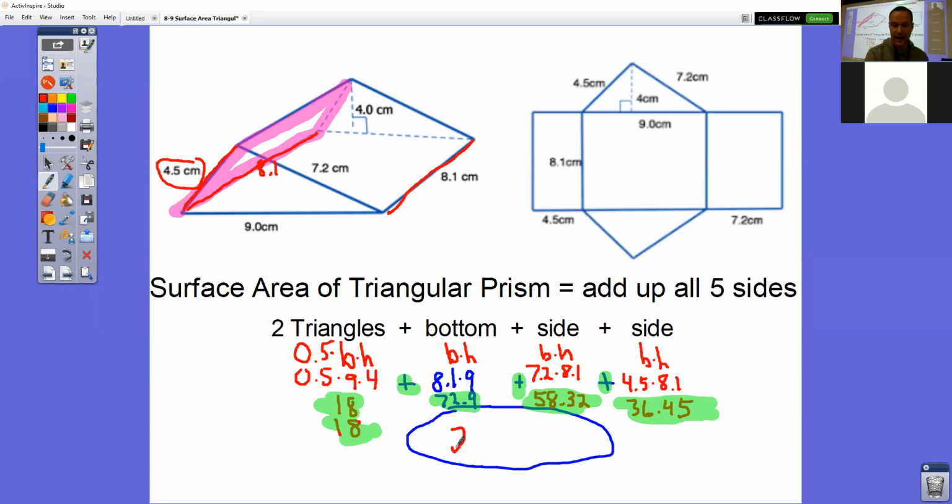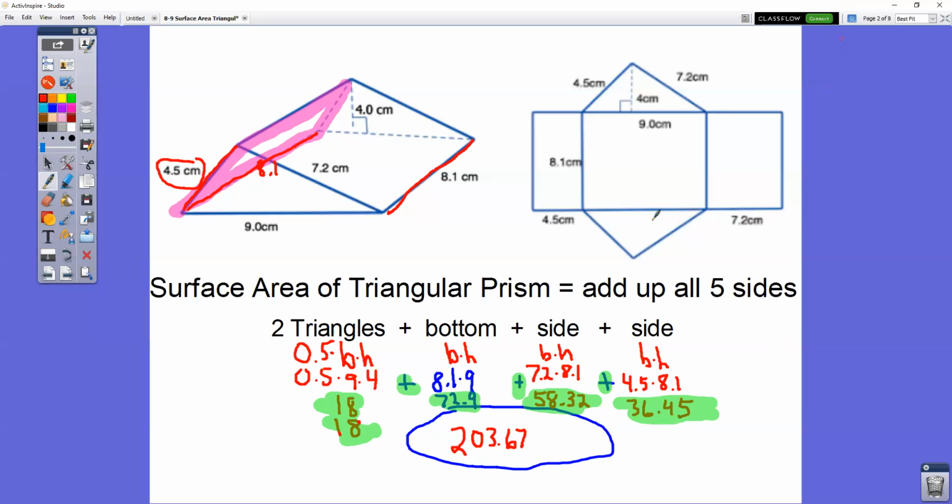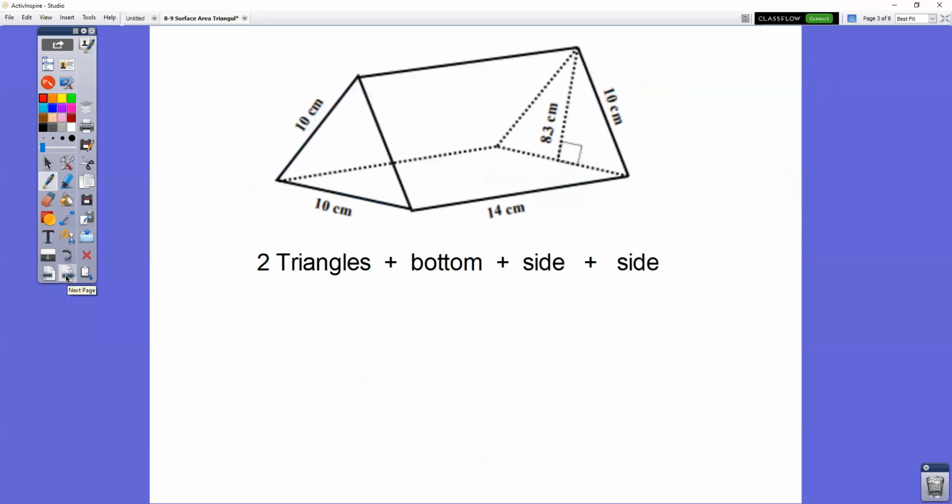When you do that, you get a final answer of 203.67. So again, you want to find the area of the two triangles, find the area of your rectangular bottom, find the area of your rectangular side, find the area of the other rectangular side, and add all 5 numbers together. When you go and do that, let's take a look at the next one.